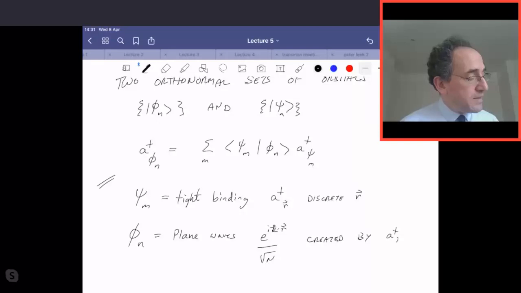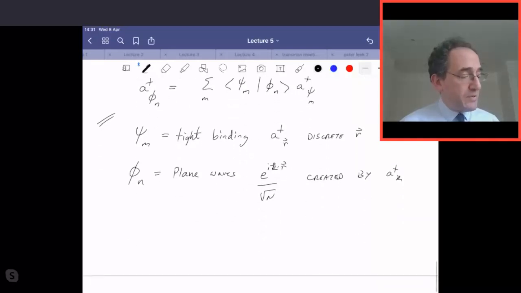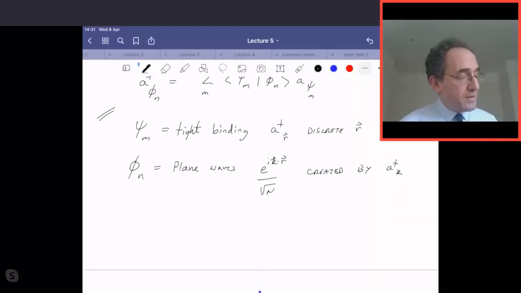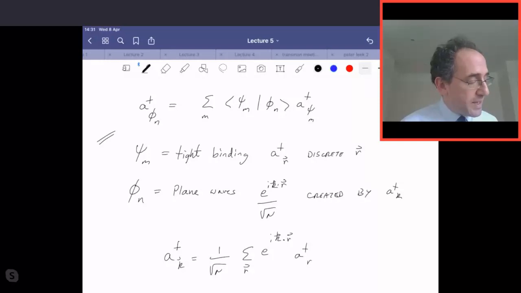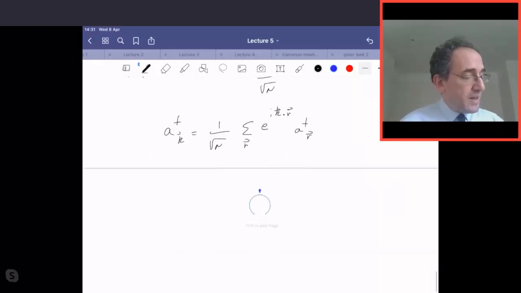And this is created by a dagger k. We can relate those two to each other. A dagger k is 1 over square root of N, sum over sites r in the lattice, e to the i k dot r, a dagger r. K can be a vector, r can be a vector.